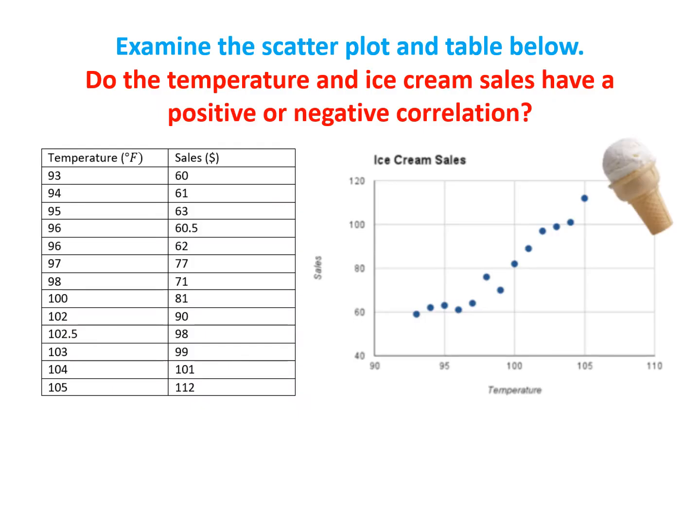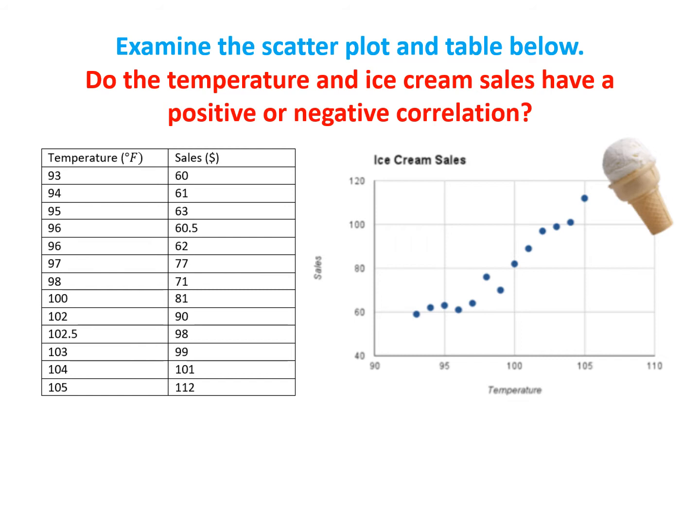So let's look at a specific example. You may remember the ice cream problem from last week. We're just going to go into a little bit more detail. First it tells us to examine the scatter plot and table below. One thing I want to draw your attention to, which I touched on last week, is the x-axis is measuring temperature and the y-axis is measuring sales.